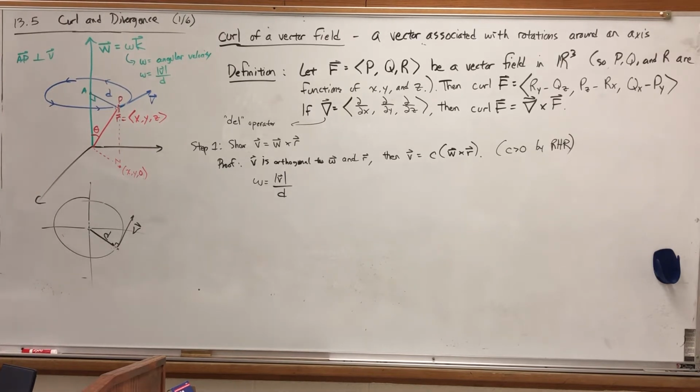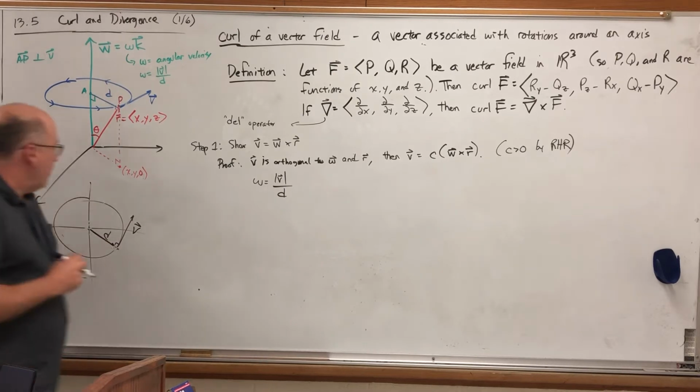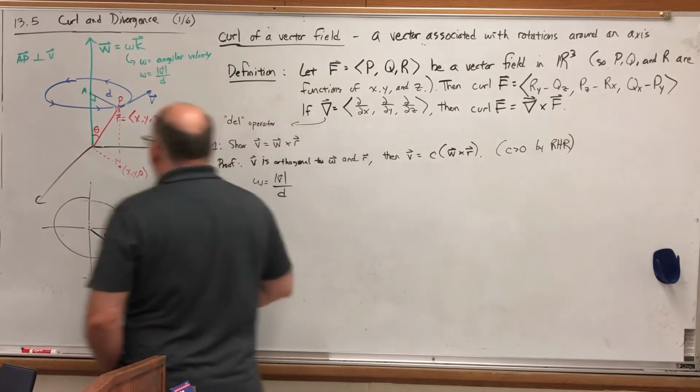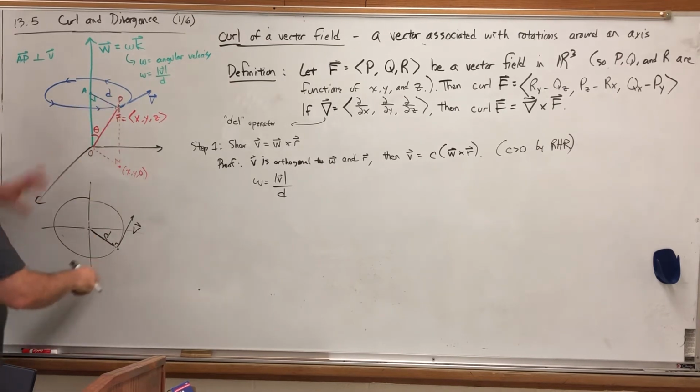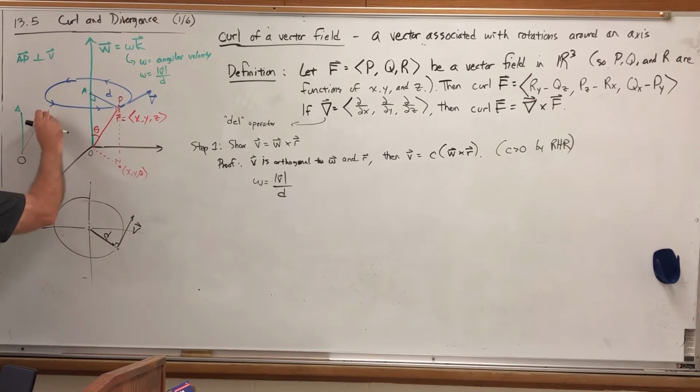What else can we take advantage of? Well, if we were to pull this right triangle out, this one formed by A, the origin, and P, imagine me pulling that right triangle out. A is up here, the origin is down here, P is over here, and then we have D going across here. Our theta is right here.